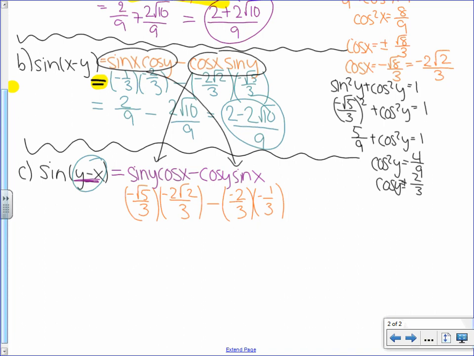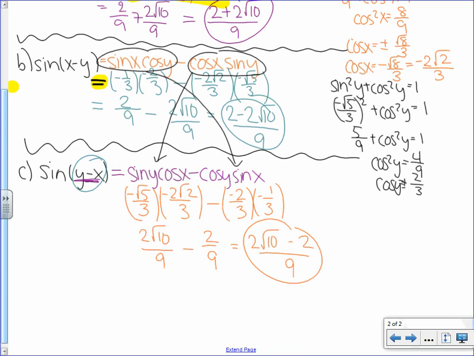So here, when I multiply the left side, I'm going to get 2 times the square root of 10 over 9. Minus, and then here I'm going to get 2 over 9. And when you throw these all together, that's just 2 times the square root of 10 minus 2 all over 9. Which is not the same thing that we got in part B.